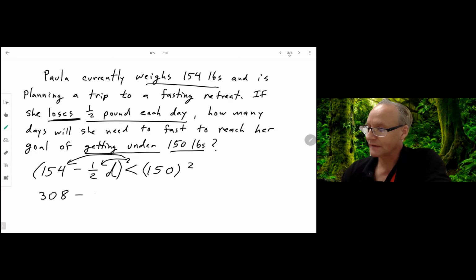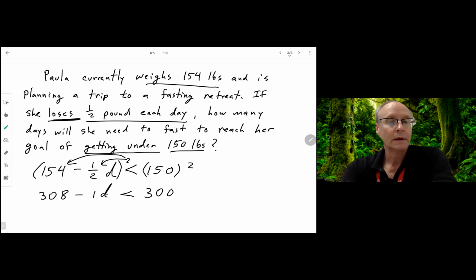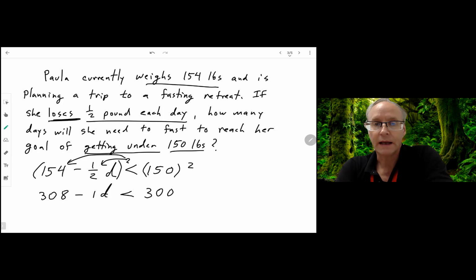Negative 1/2 makes negative 1d every day. And that's going to be 300 on this side. Now I'm almost done. I just have to solve this inequality and I'll know how many days it takes for her to reach her goal. And you'll be able to solve this, hopefully. This is an inequality that you need to solve.